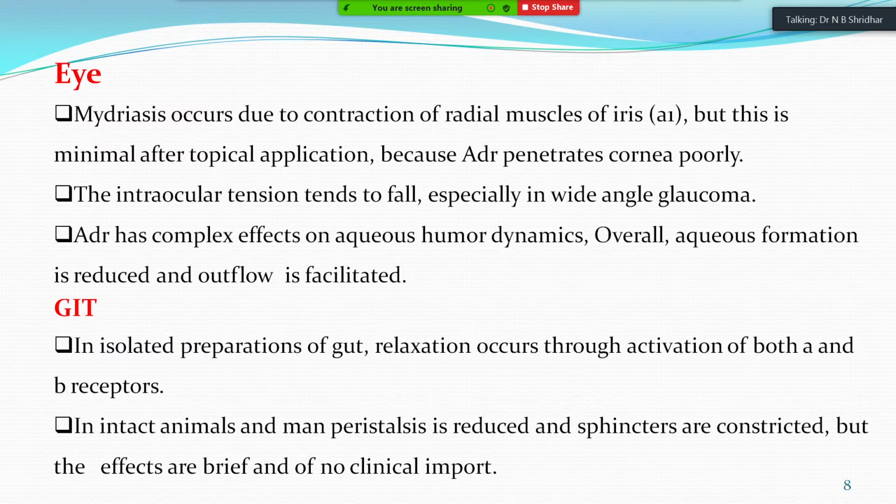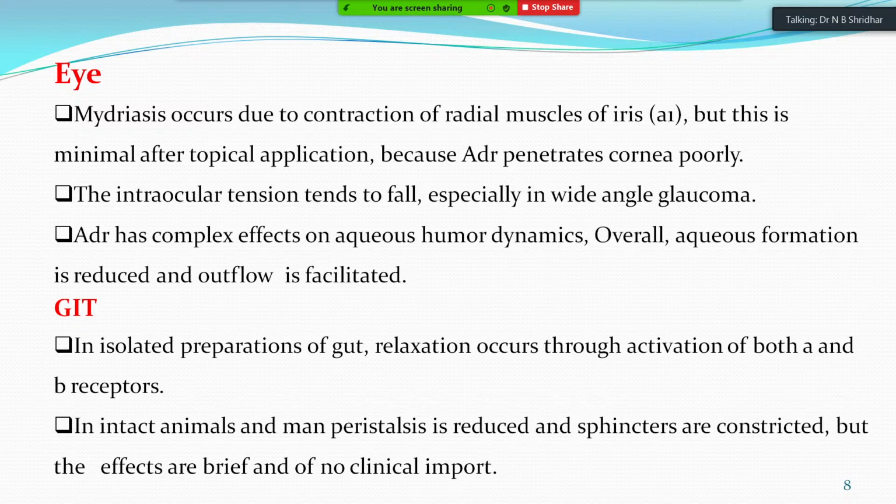To accommodate the light and the situation, to see things very clearly whenever you are frightened, there is dilatation of the iris pupil due to contraction of the radial muscles, and this is called mydriasis.